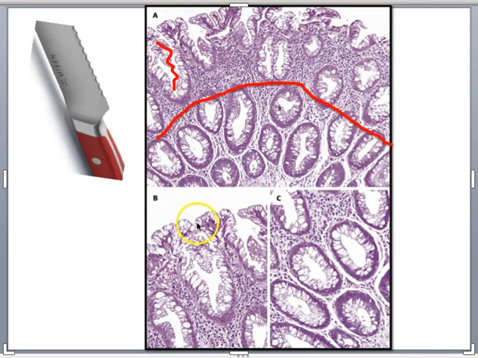This is a little bit higher power view in panel B, again showing this wavy or serrated edge, and this is how these serrated polyps get their name. You can compare it with panel C with the normal colonic crypts, which have a smooth lining, but you'll note that the cells are exactly the same.